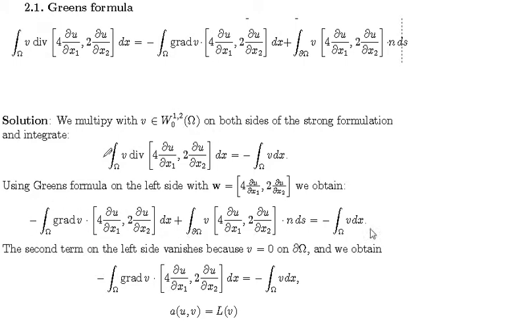This is equal to this. And if we now multiply with minus 1 on both sides, we obtain that this without minus is equal to this without minus. And this is exactly what we were going to prove, because this is in fact the bilinear form A of u v, and this is the linear form L of v.